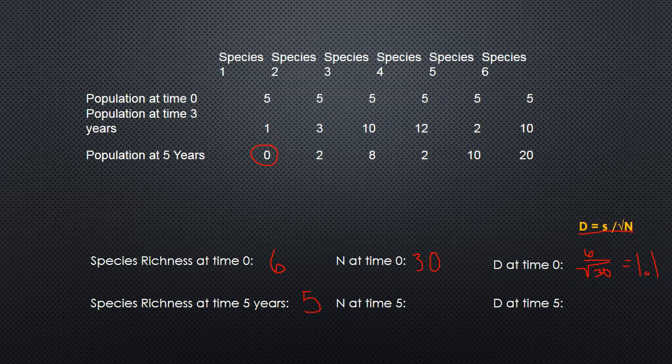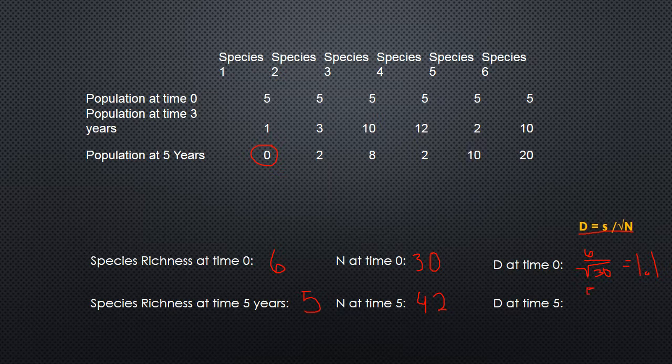And our total number of individuals at time 5, we're going to calculate that. So we're going to say 2 plus 8 plus 2 plus 10 plus 20 gives us 42. So we're going to put 42 right here.